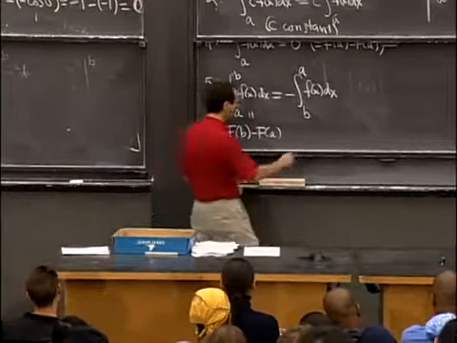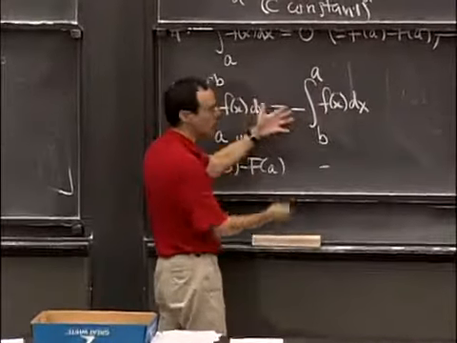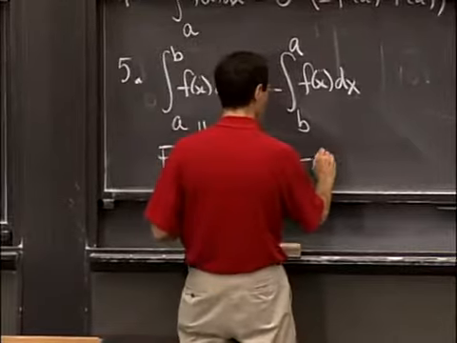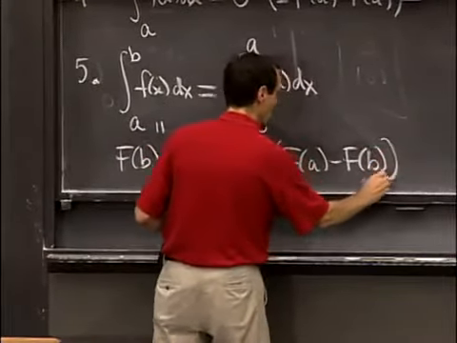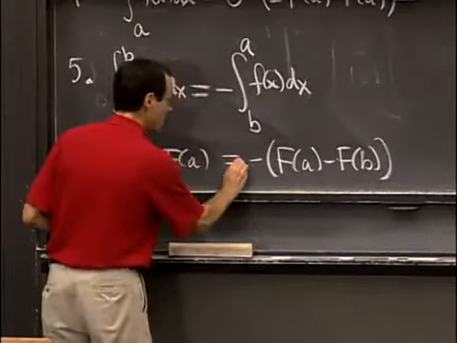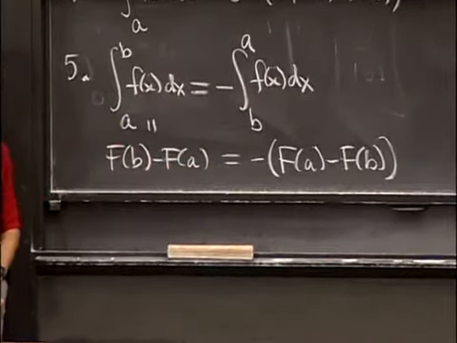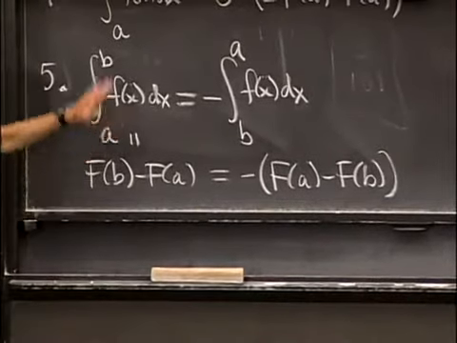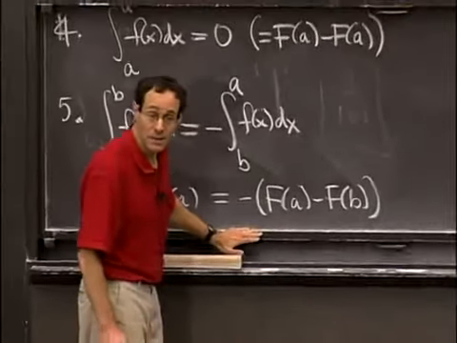On the other hand, the other side is minus, and if we just ignore that, we say these are letters, if we were a machine, we didn't know which one was bigger than which, we just plugged them in, we would get here F of a minus F of b over here. And to make these two things equal, what we want is to put that minus sign in. Now it's consistent. So again, these rules are set up so that everything is consistent.